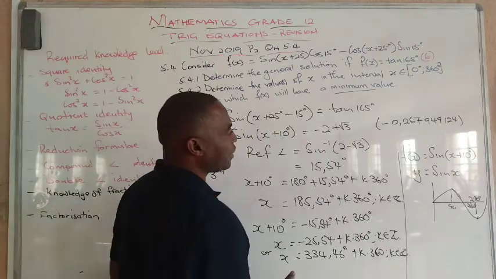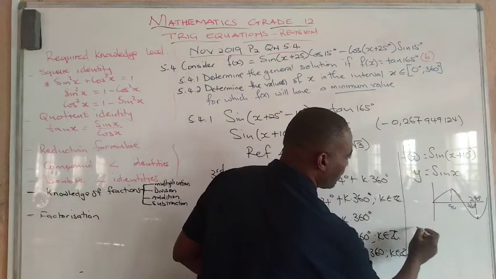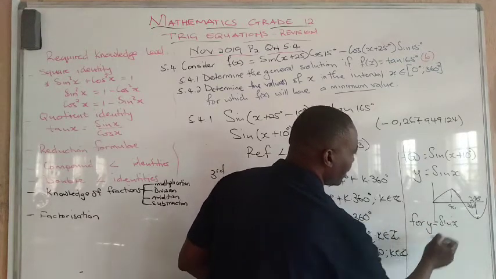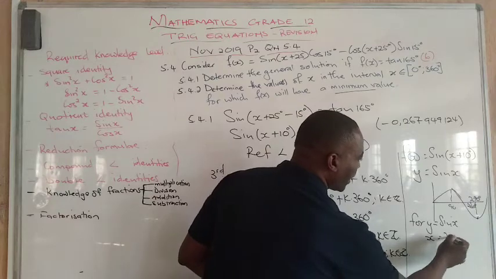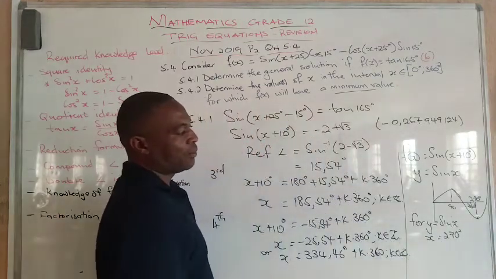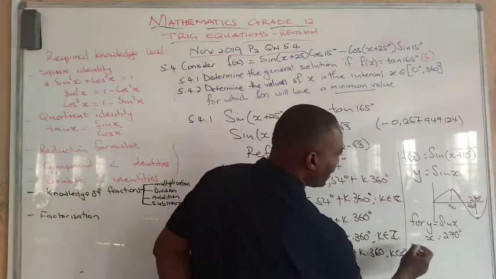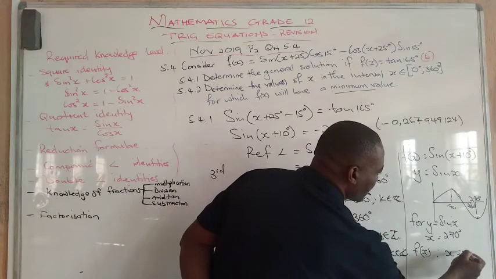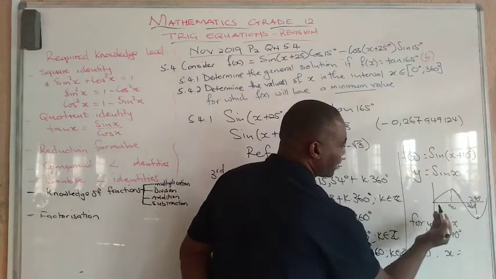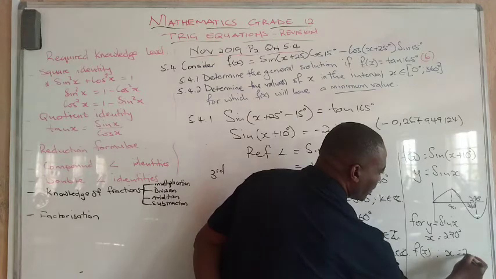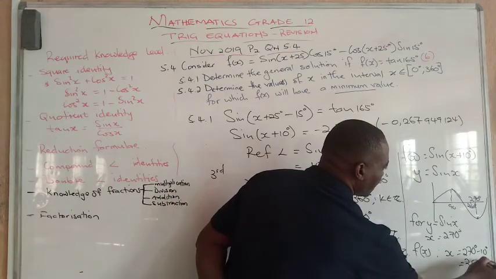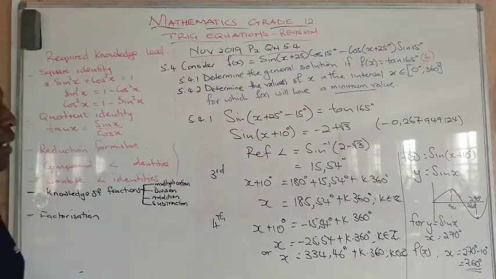So the x value for y equal to sine x, the minimum we get when x is 270 degrees, and then for f of x, our x will be just subtract 10 degrees from 270, which is 270 degrees minus 10 degrees, that will give us 260 degrees. And that's the understanding on this question.